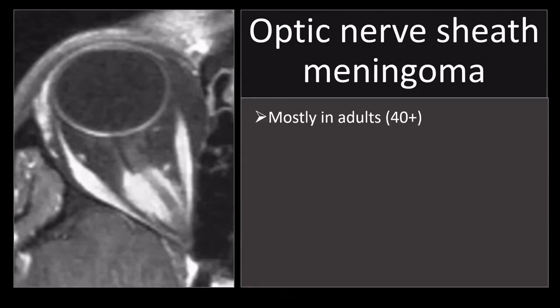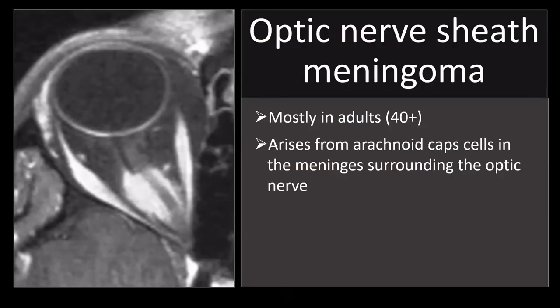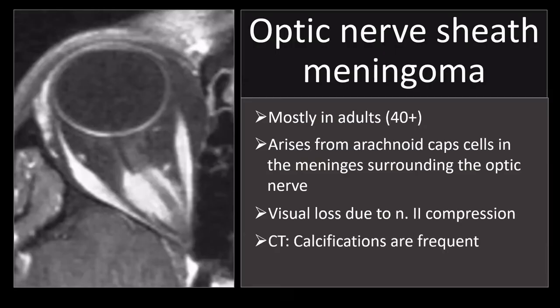So what can we say about optic nerve sheath meningiomas? It is typically a tumor of adults. That doesn't mean it can't occur in children, but it's definitely less frequent, and most are already slightly older, at least in their 40s or so. It arises from the arachnoid capsules and the meninges surrounding the optic nerve, same as for meningiomas in the brain, and is often associated with visual loss due to optic nerve compression.